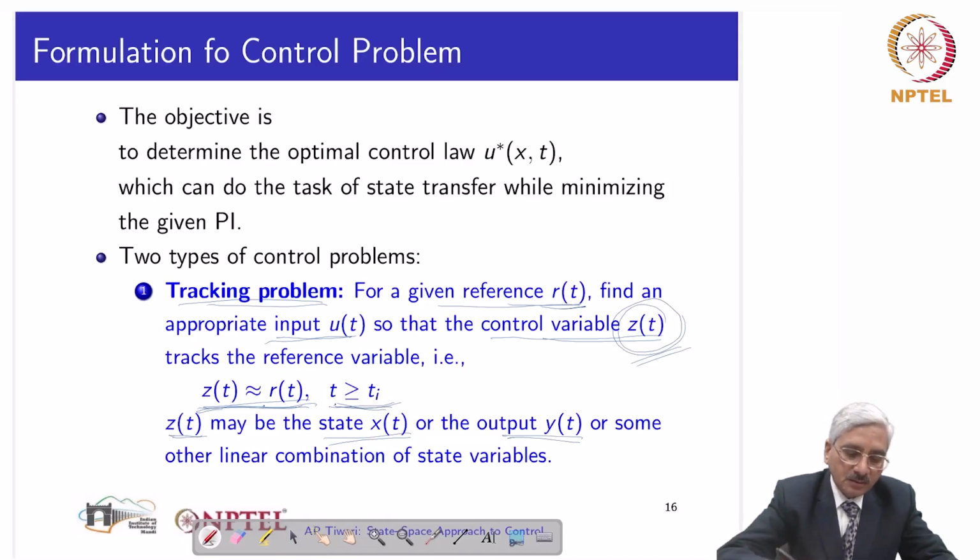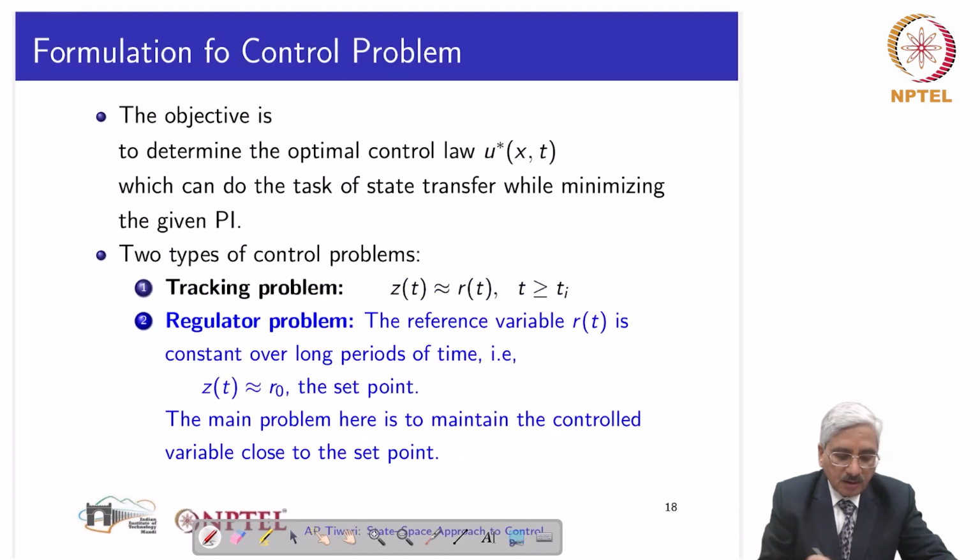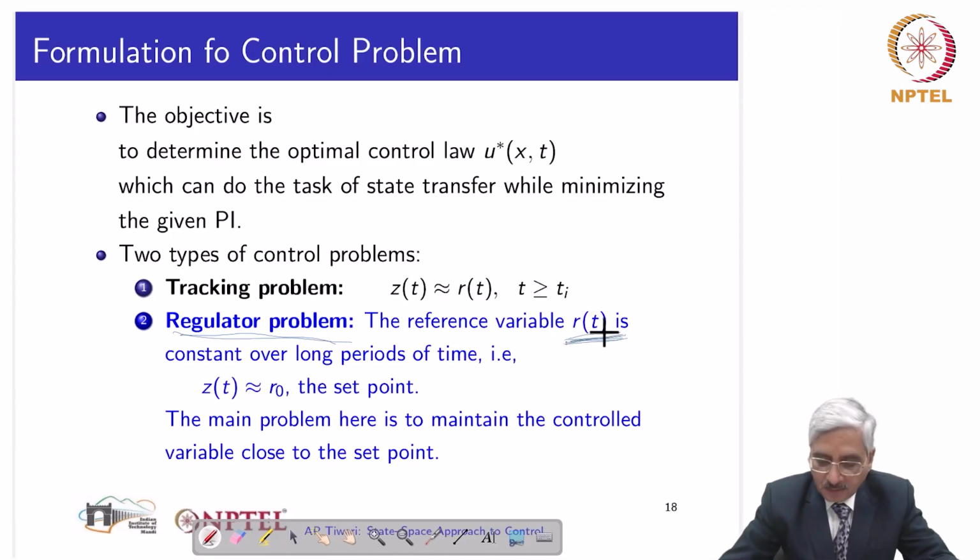The other one is called the regulator problem. In the regulator problem, it is characterized by the fact that R(t) is generally constant. It doesn't vary with time, or varies only very occasionally with time, so that most of the time R(t) is equal to R0 over long periods of time.